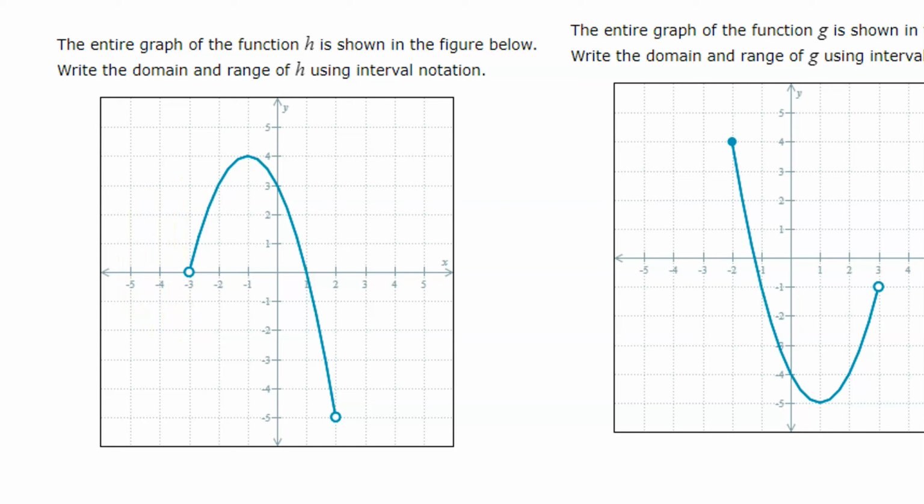So my function is going to start here at -3. And now again, where are the points that have y values? Well, that would be all of the points in here, and then a little bit more up to 2.